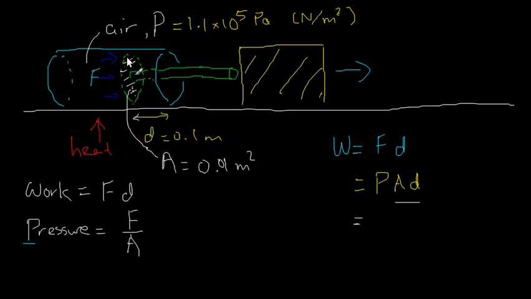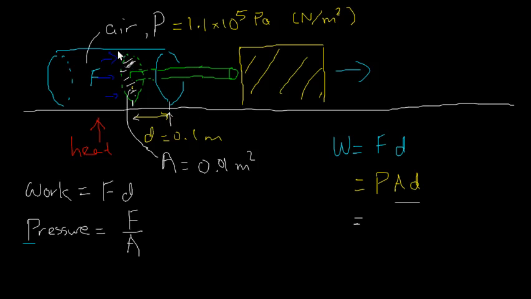Now, imagine what happens when this piston moves from its original place over this distance to here. When it moves, the volume of the air inside has increased by this amount, over this distance.